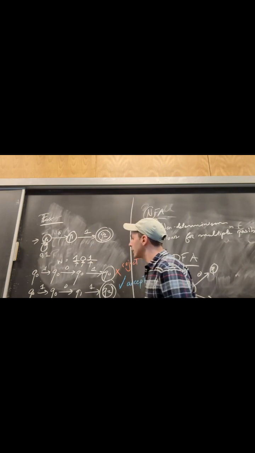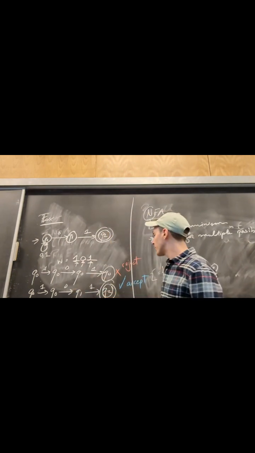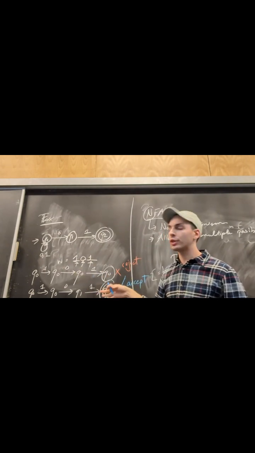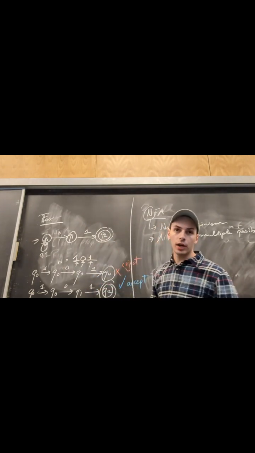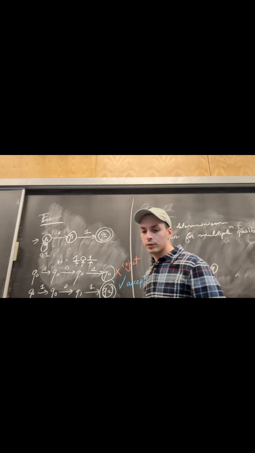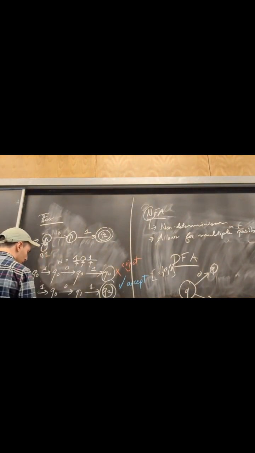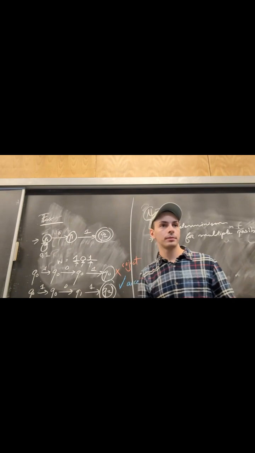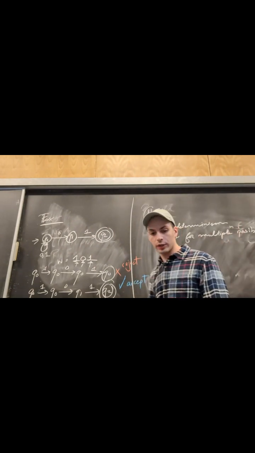I'm not going to go through all of them, but the conclusion is that because there exists at least one successful computation of 101 that leads to an accept state, this NFA accepts. So, therefore, 101 is accepted. Okay? This is clear? Okay, great.